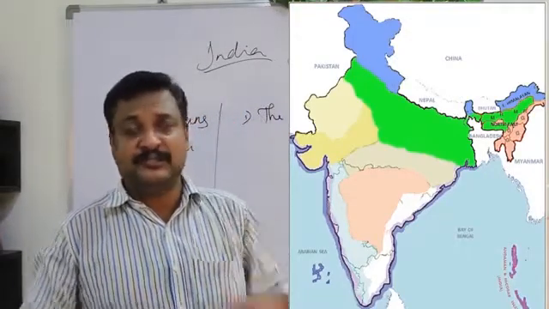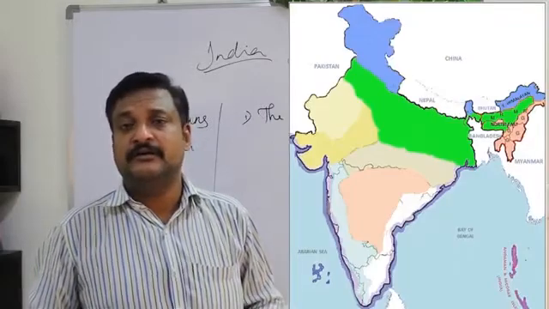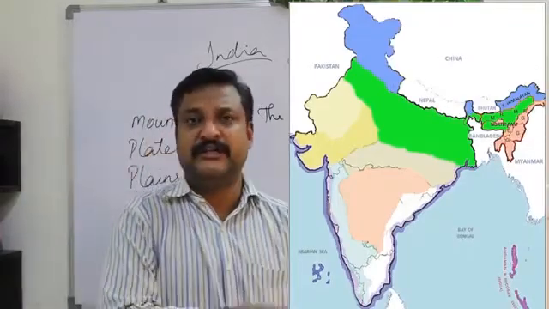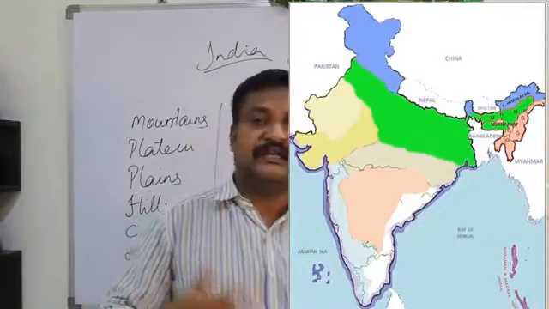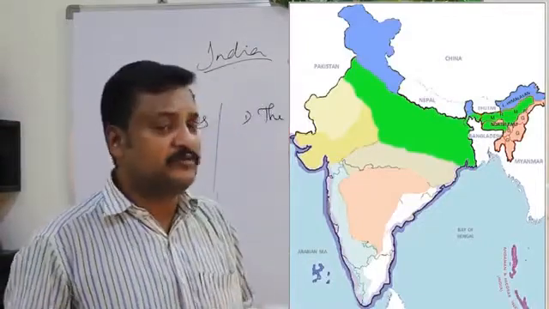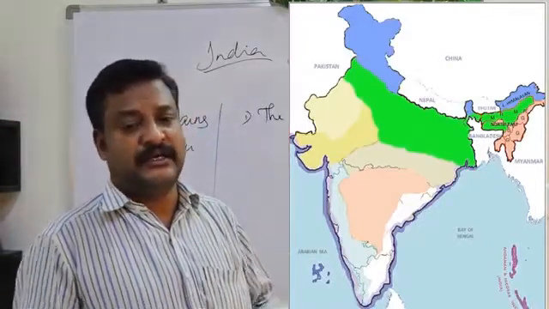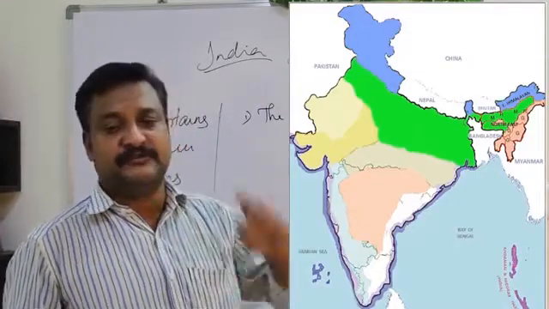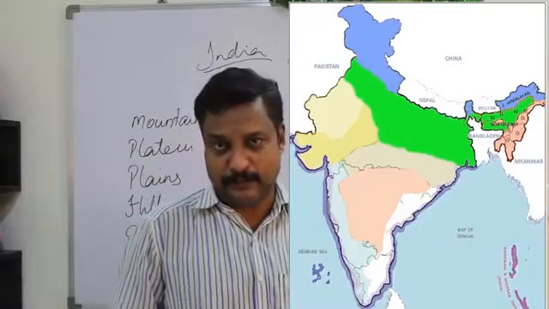Okay, so now look at the map over here, it's already there. The northern part of India has continuous huge mountain ranges. So what is the name of those mountains? Yeah, they are called the Himalayas. Okay, so that is the first physical division of India.